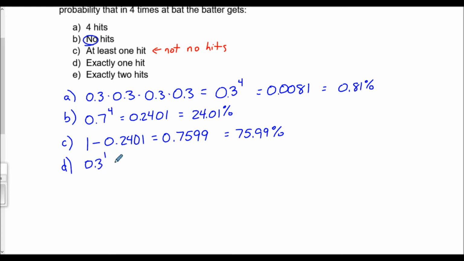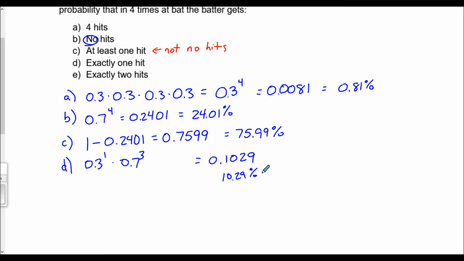Now there's only going to be one of those, multiplied by 3 non-hits. That's going to give us a probability of 0.1029 or 10.29%.